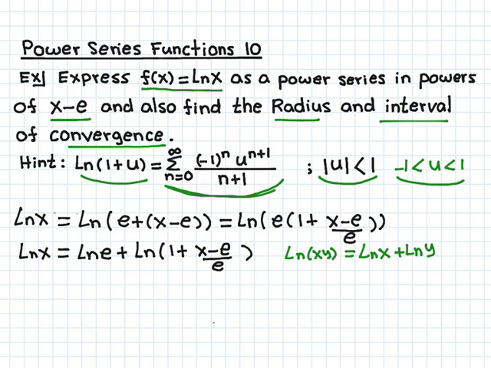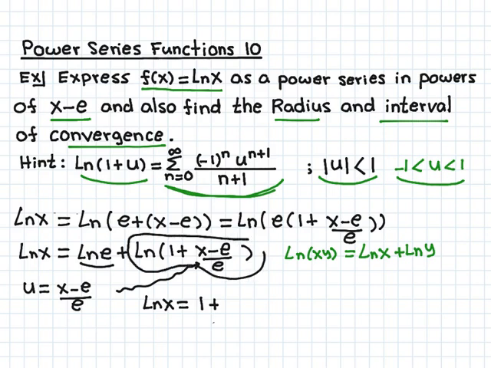This is just a property of logs. All right. Now let's let u be equal to x minus e divided by e. And now we can apply the hint. So we're letting this part be u. So log x is equal to log of e, which is equal to 1, plus, now let's apply the power series representation for log of 1 plus u.